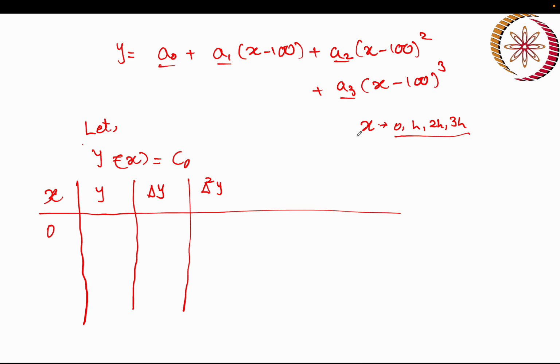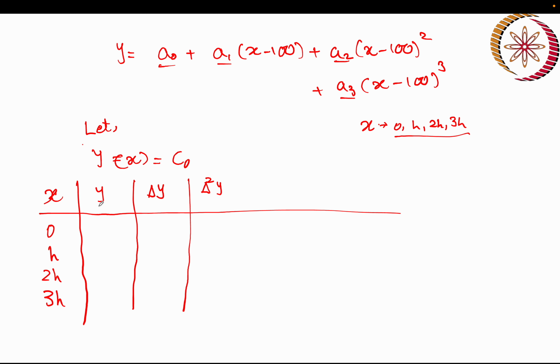They are in arithmetic progression. Okay, so the common difference is fixed. So let's say x is equal to 0, x is equal to h, x is equal to 2h, x is equal to 3h.